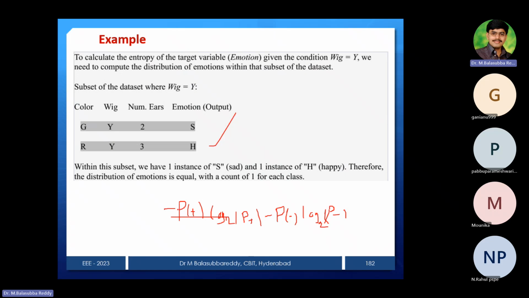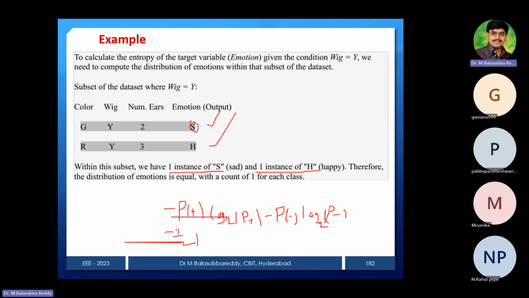Now, what is the probability of this positive class? Here you can see that within the subset, we have one instance sad, one instance happy. Therefore, the distribution of emotion is equal because the weightages are the same. So the total is 2, no? So this is 1 by 2. Here I can write minus 1 by 2.